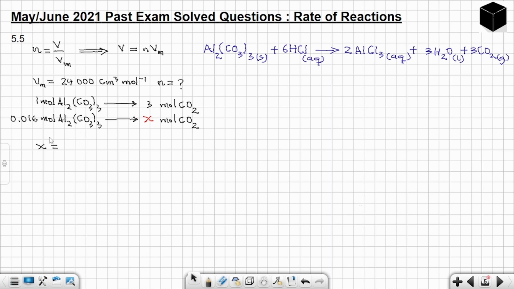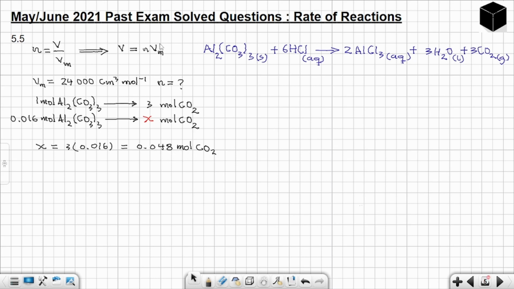And this is equal to this times 3. So it's 3 times 0.016, and this is equal to 0.048 mole of carbon dioxide formed. So now you have the number of moles of carbon dioxide formed.